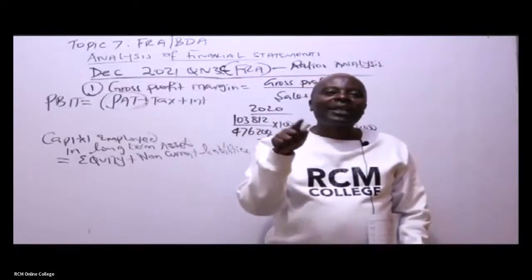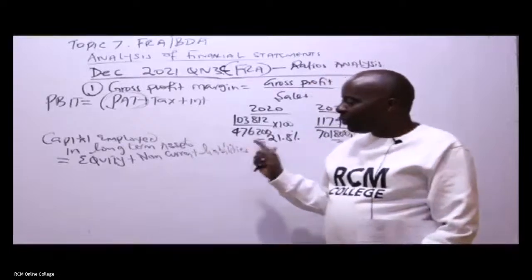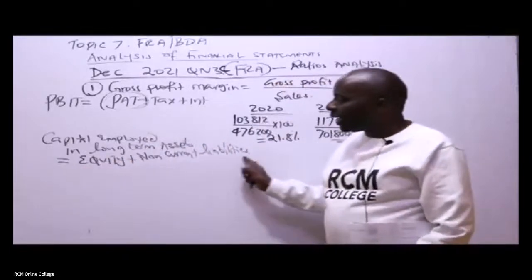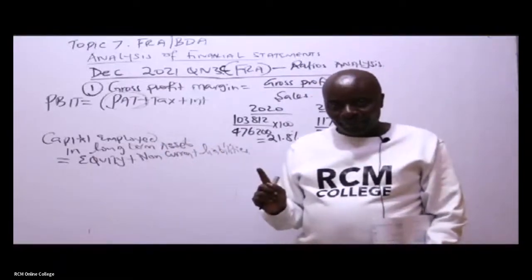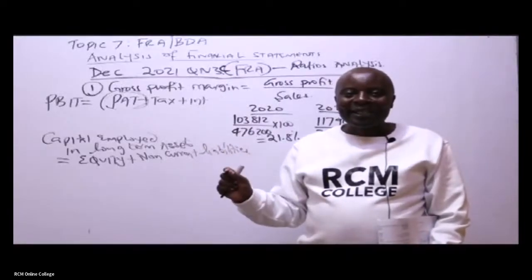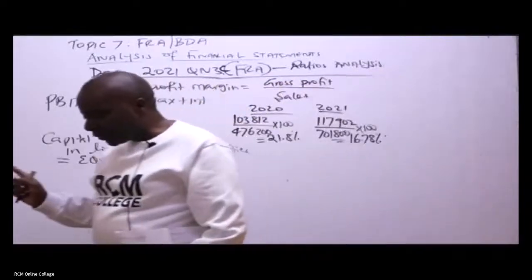But you can't employ current liabilities. So if I were you, I would write this somewhere and highlight it using a yellow highlighter. Use whichever color, but most importantly, you must highlight this, it is very, very important. That's capital employed in long-term assets.